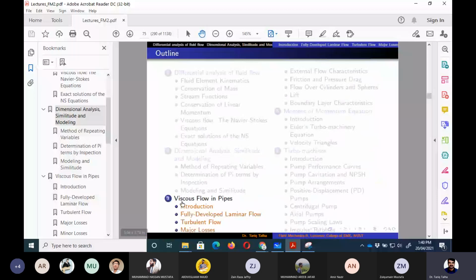As you know, in the very first lecture of this fluid mechanics course, I gave you an introduction that there are two types of flow. One is internal flow and one is external flow. External flows we are going to cover in chapter number 9. So first we will cover viscous flow in pipes. So that is internal flow.